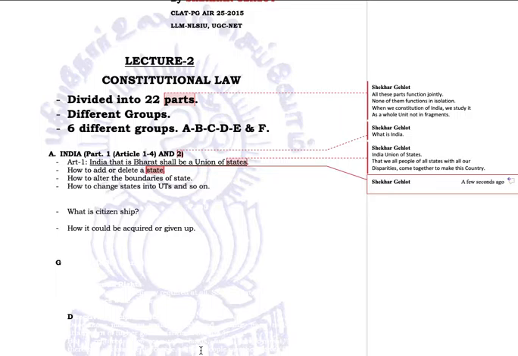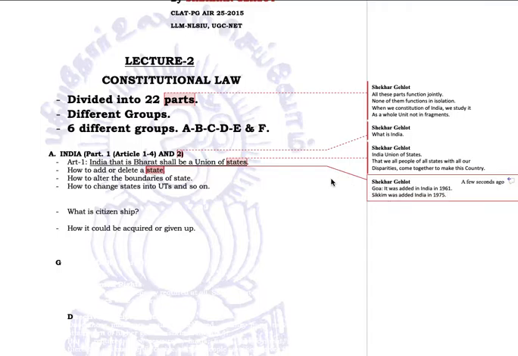It may be very surprising to you, but it has actually been used a couple of times. Like Goa, which was added to India in 1961. Similarly, Sikkim was added to India in 1975.